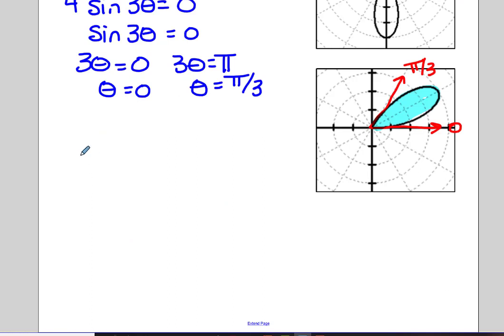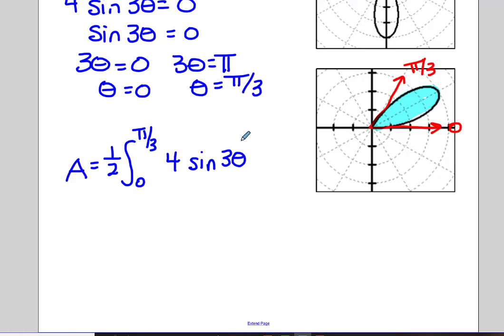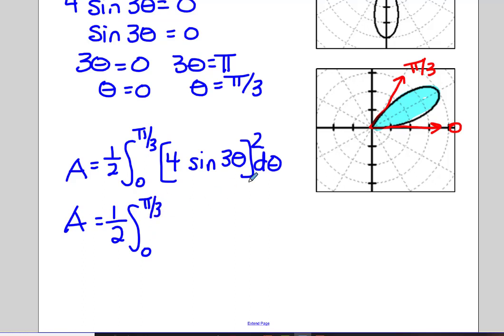Now setting up our formula, we have area is 1/2 integral from 0 to π over 3 of (4 sin 3θ) squared dθ. So we have 1/2 from 0 to π over 3, and then expanding this we have 16 sin squared 3θ dθ.